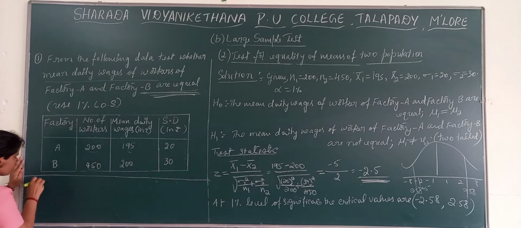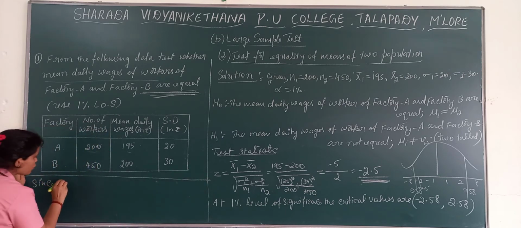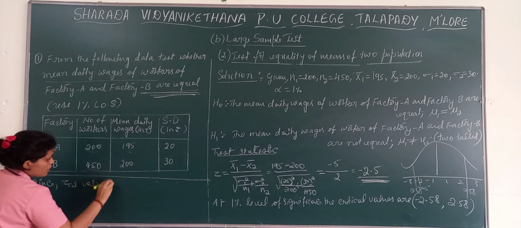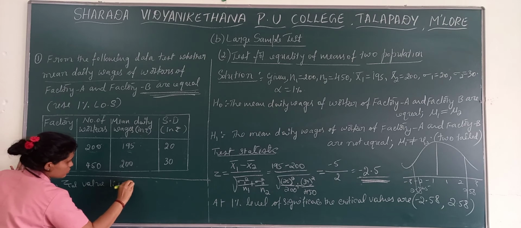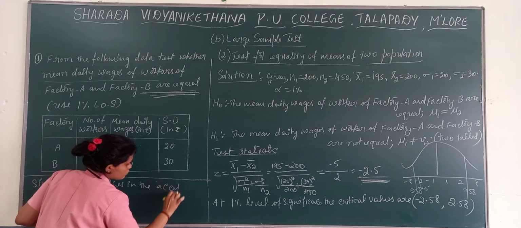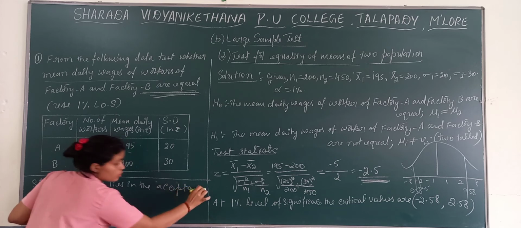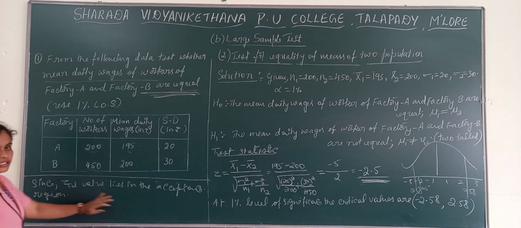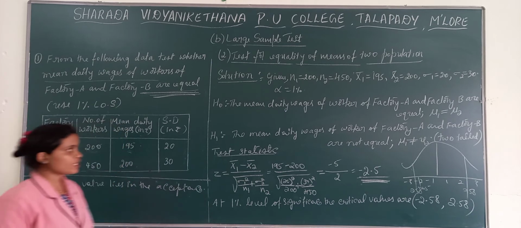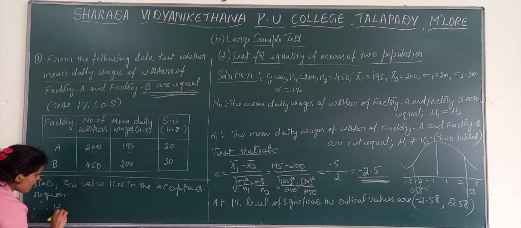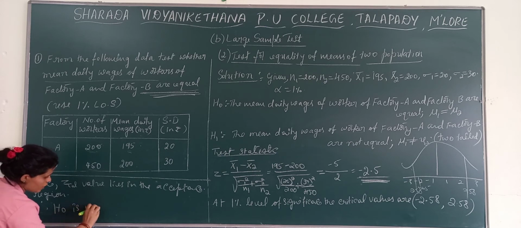So we need to conclude here: since the calculated value lies in the acceptance region, therefore H0 is accepted.